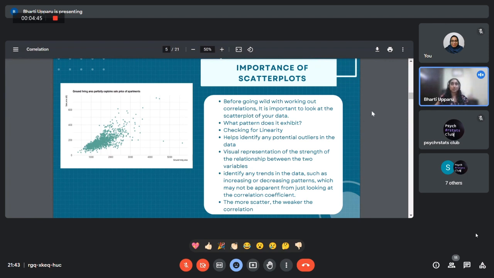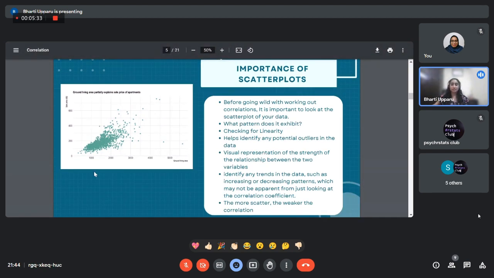Before we start talking more about correlations, we have to talk about scatter plots because they're awesome and they're very necessary. Before diving in and working out the correlations, it's important to put your data in a scatter plot and look at the trends. How is the data? Correlations work only for linear relationships, so we can look at the linearity of the data and whether there are any patterns.